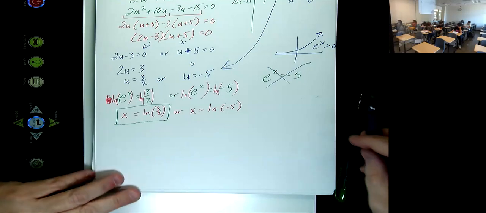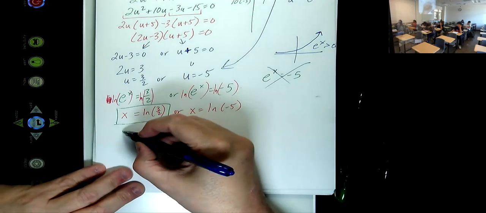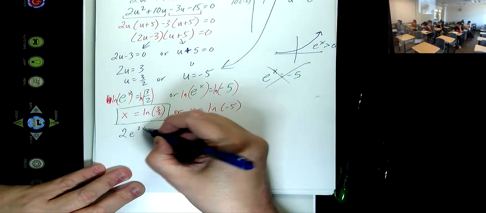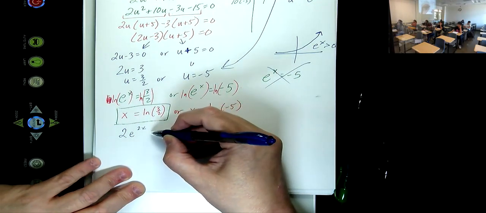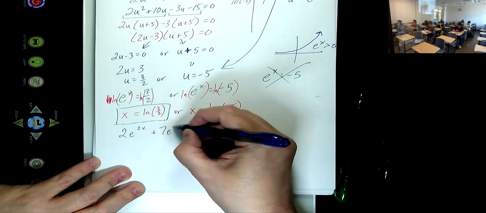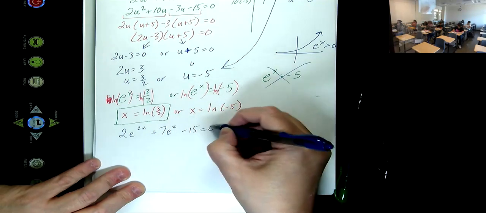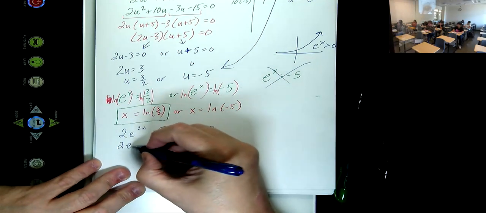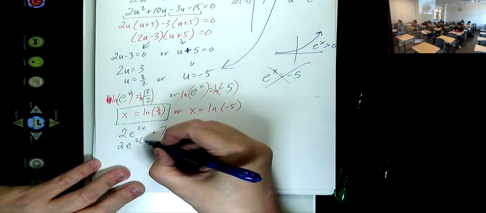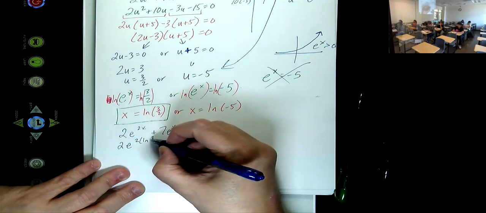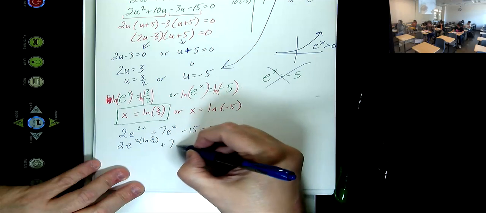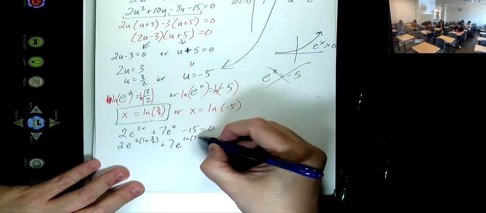And if I want, I could check this here. I have 2e to the 2x plus 7e to the x minus 15 equals 0. If I plug this in, I got 2e to the 2 ln of 3/2 plus 7e to the ln of 3/2. Starting to get ugly.